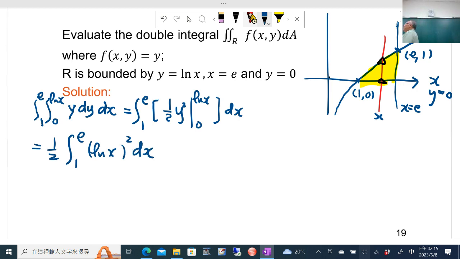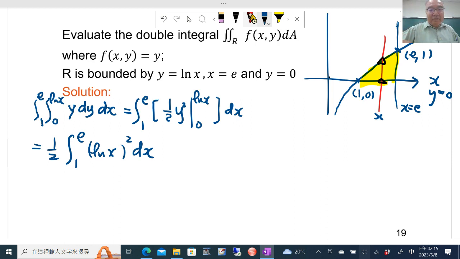Okay, now you might feel a little bit hesitant because this is not the regular integration. So you probably have to apply integration by parts, right? Okay, so what are you going to do? Integration by parts.